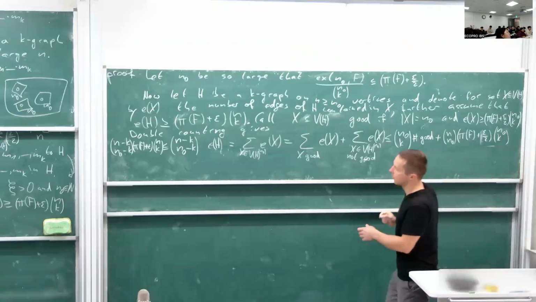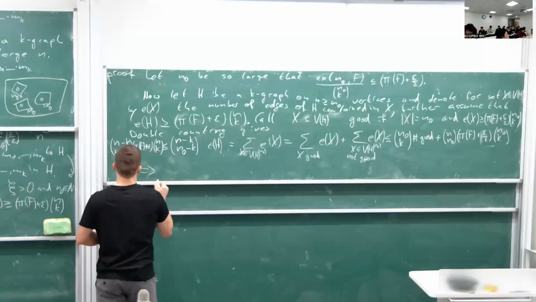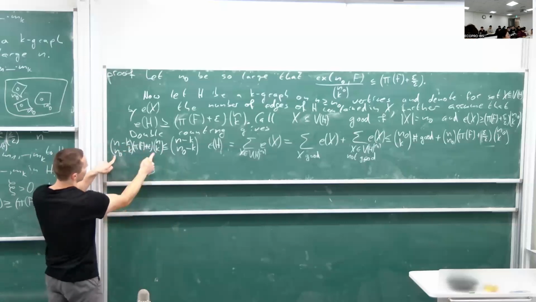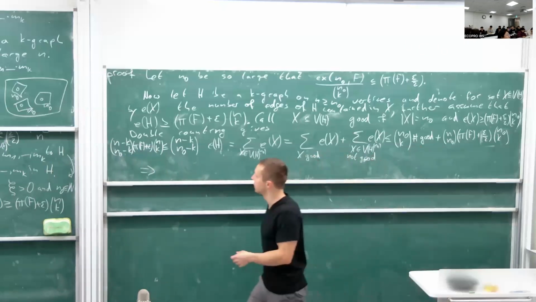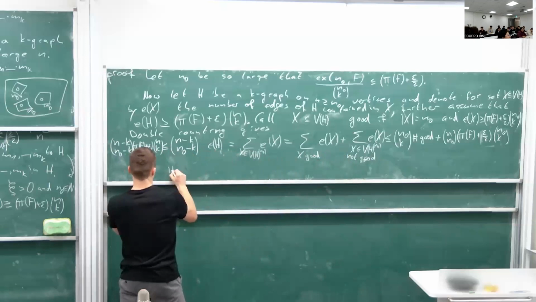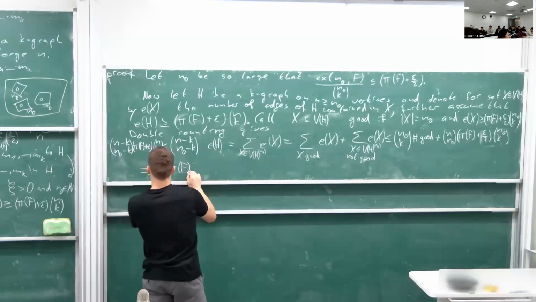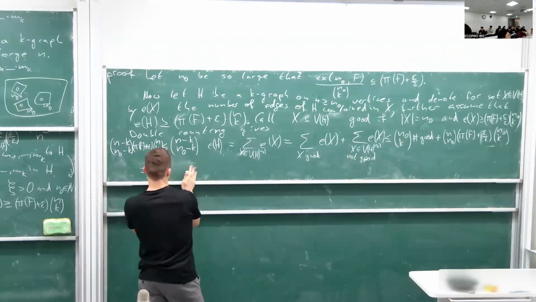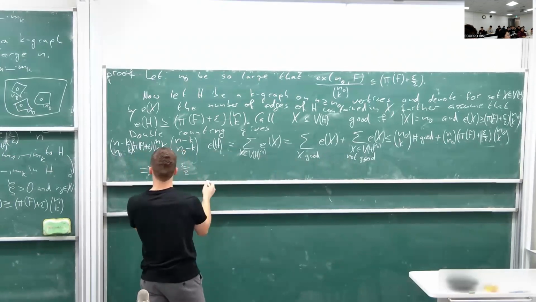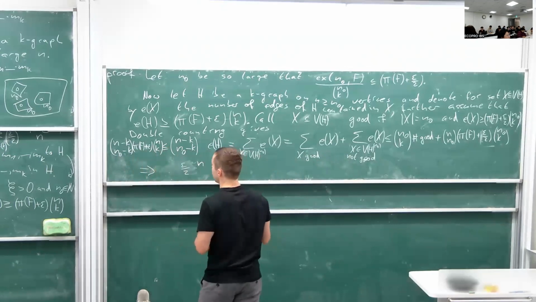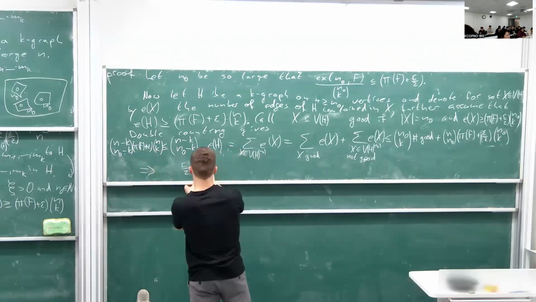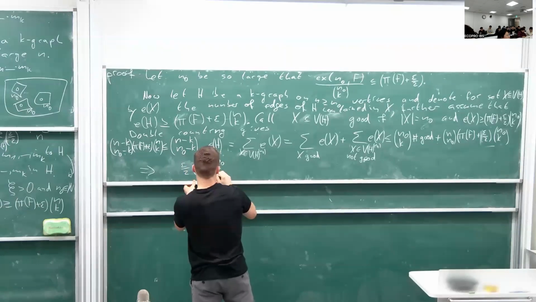Okay. But this gives, because this product here is equal to the product of these binomial coefficients, we get that we have pi F. So we subtract that side. So we still have epsilon half times n0 times n0. Okay.